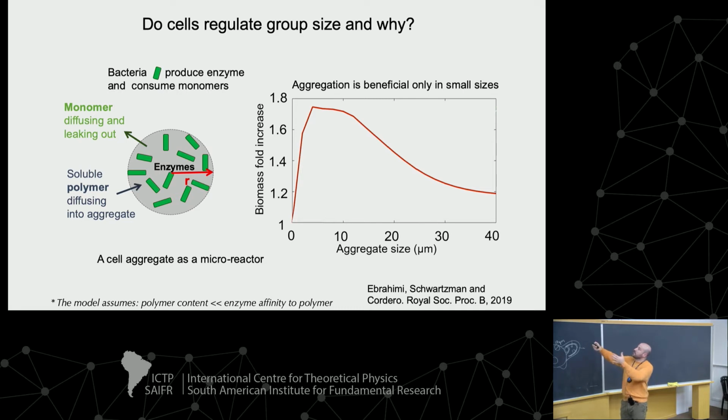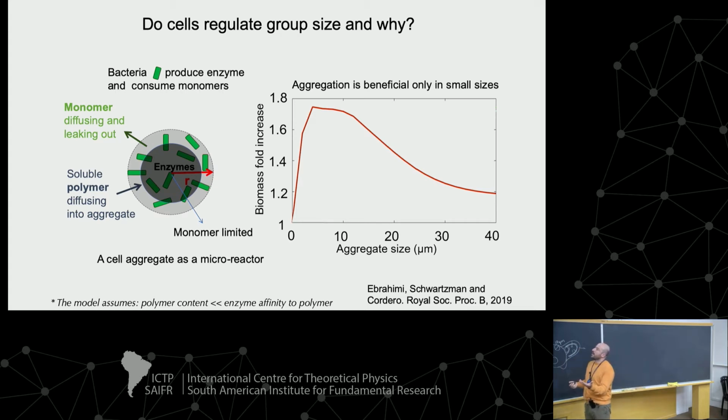And here, if we do this type of things, we find there's an optimal aggregate size, which is about 10 microns, which is also the thing that we found here. But anyway, the model is a bit different. Whatever. But the optimal size where the growth rate is maximized is around 10 microns, somewhere there. And the reason is what I said, in the core, they become monomer limited if these aggregates of cells are too big.